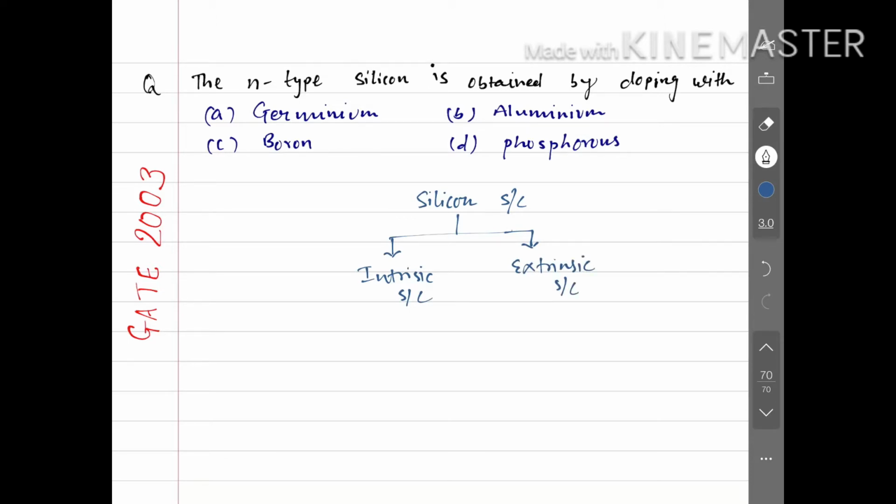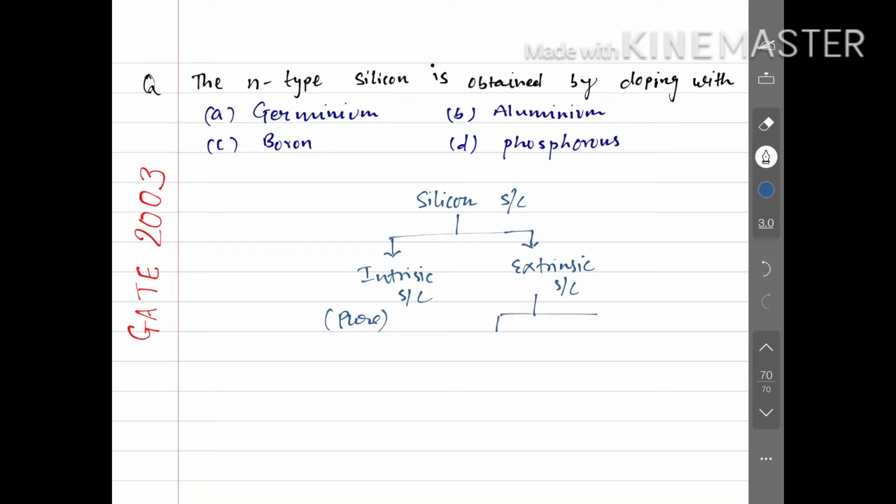Intrinsic semiconductor is the purest form of semiconductor, where no impurity is added. Extrinsic semiconductor is a semiconductor that we dope with impurity, which could be a trivalent impurity or a pentavalent impurity.